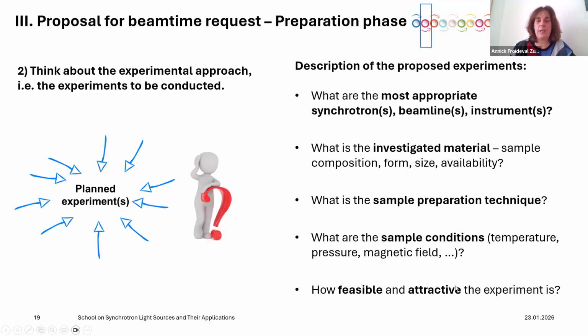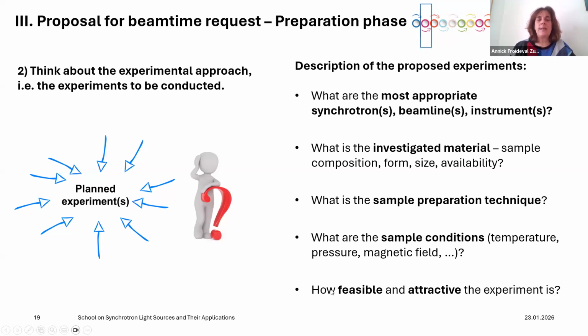And this question is related to point 4, and I will come back to it afterwards. It's very important because you may ask yourself, okay, I would like to do this, this, and this, but is it possible to do that at a synchrotron at this given beamline? I don't know, I'm not sure about it. This is a very important question to be answered.